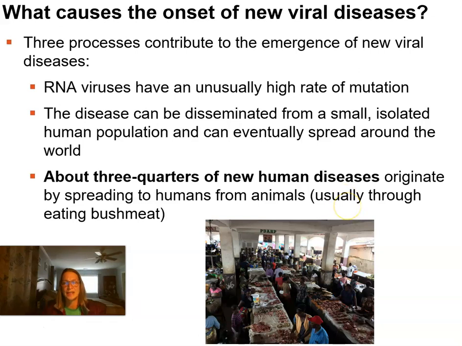So like bats and monkeys and apes and pangolins and all sorts of wild animals that carry very similar viruses, and all they need is a small mutation, and that will be able to infect humans.